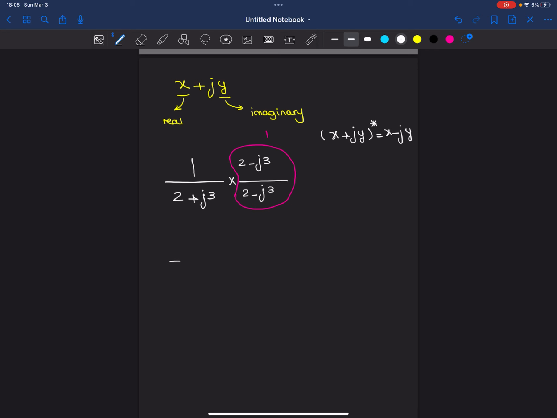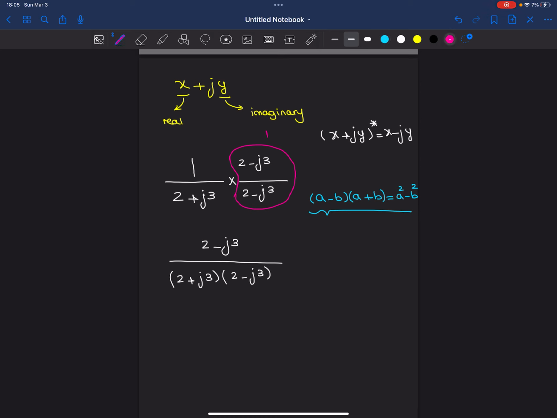In the numerator, we're going to have 2 minus j3, but in the denominator I have 2 plus j3 multiplied by 2 minus j3, right? We all know that a minus b multiplied by a plus b will be equal to a squared minus b squared. So I can use the same property for the denominator of this fraction.